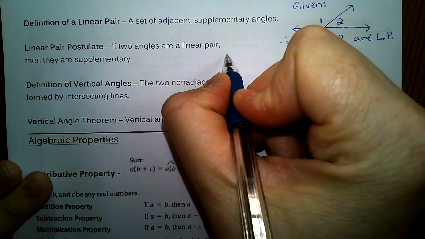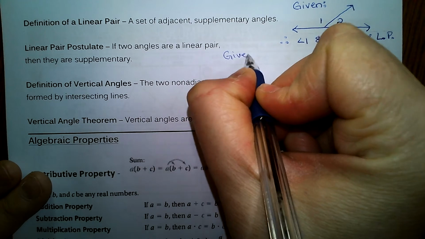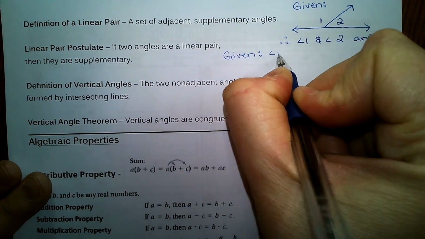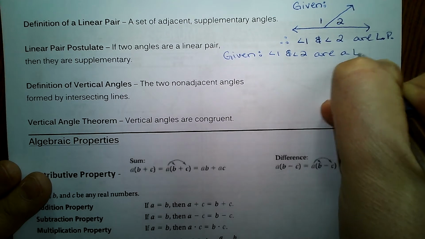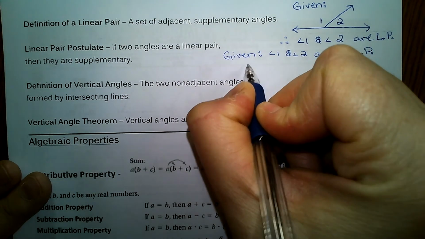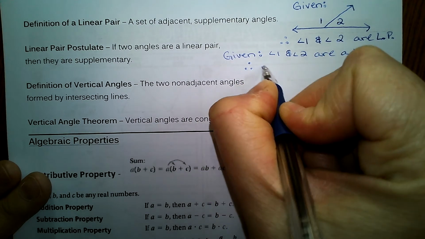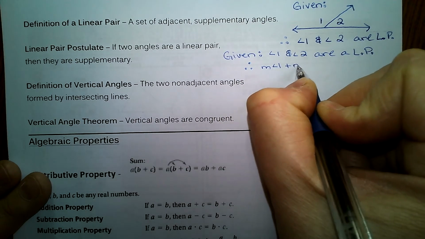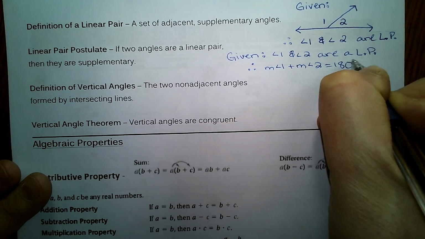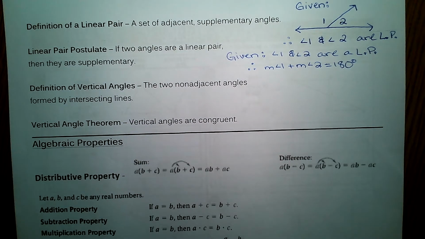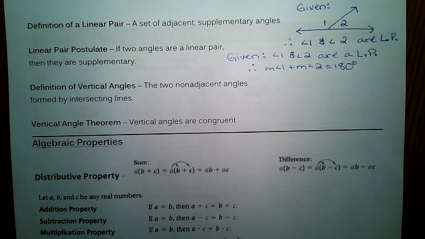So the given would need to say angle 1 and angle 2 are a linear pair. And then you could conclude with the measure of angle 1 plus the measure of angle 2 is equal to 180 degrees because they are supplementary. Their measurements add up to 180 degrees.